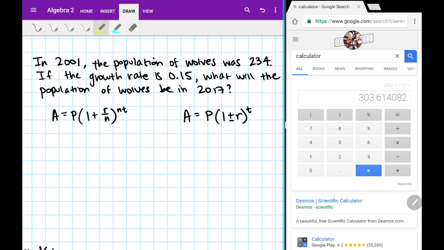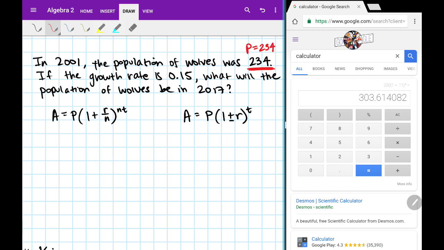We actually have to read the question and identify from the word problem all of our variables. So it says the population of wolves in 2001 was 234. That's their way of telling you the starting amount is 234. So that's going to be my P because it's my initial amount.